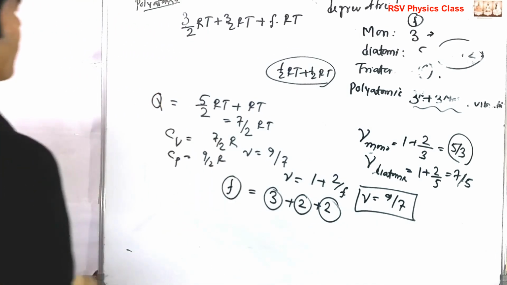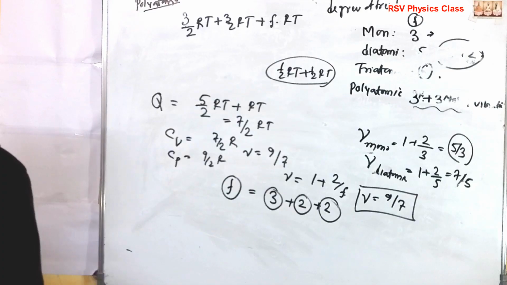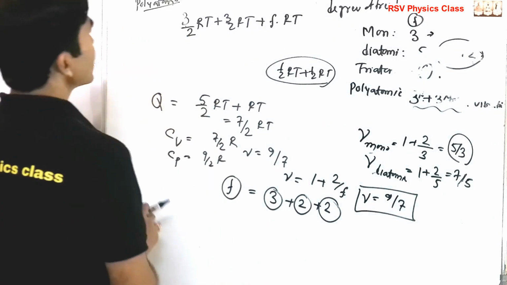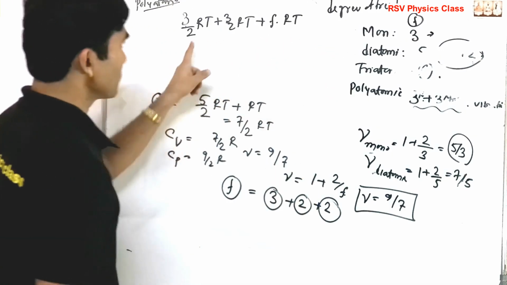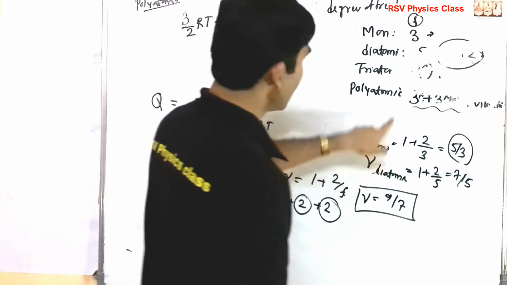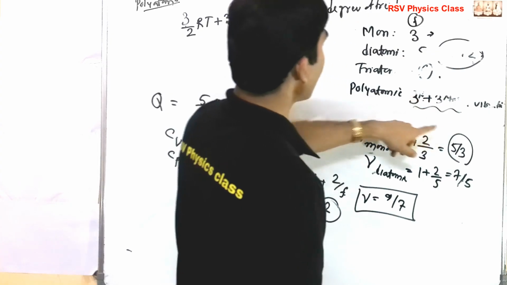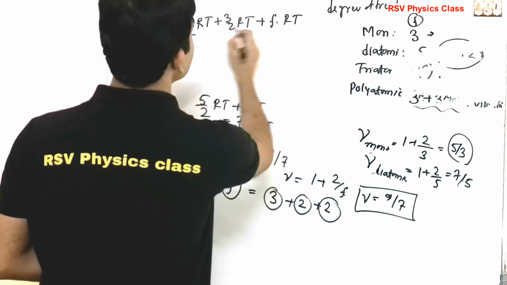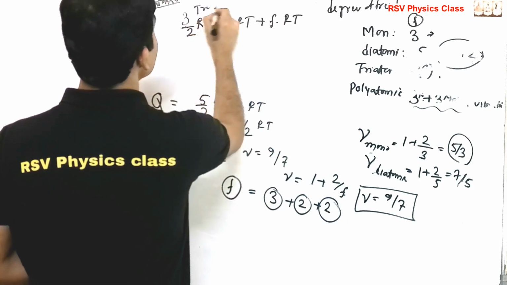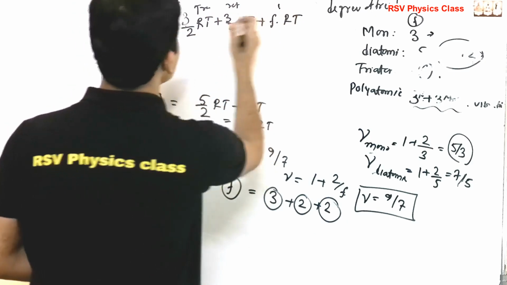So now this is your 3 RT. Okay, so this is the total energy. For a polyatomic molecule, 3 translational, 3 rotational and F vibrational.